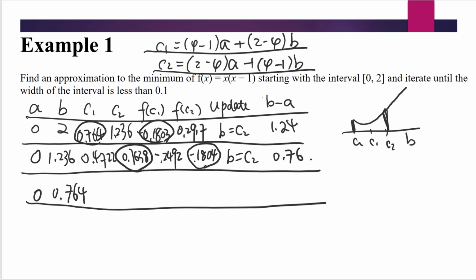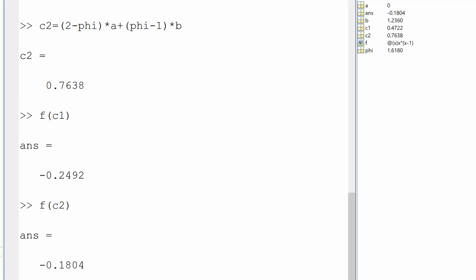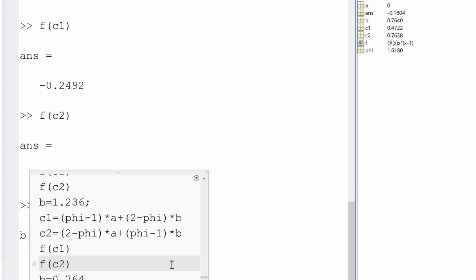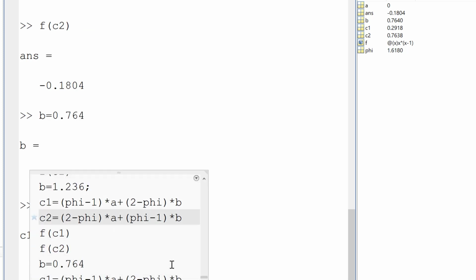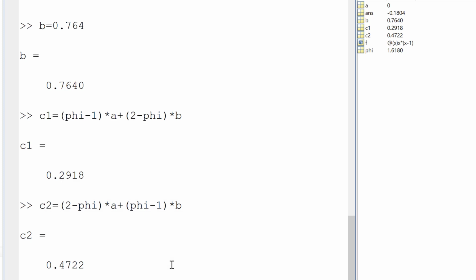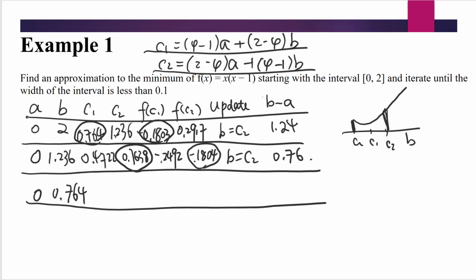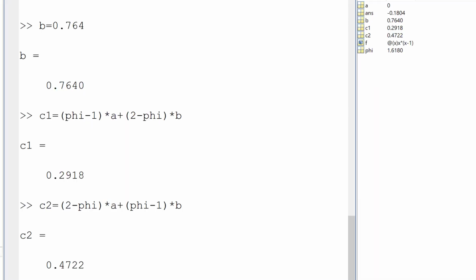We need to calculate C1 and C2. So B is updated by 0.764. So we have C1 and C2: 0.2918 and 0.4722.